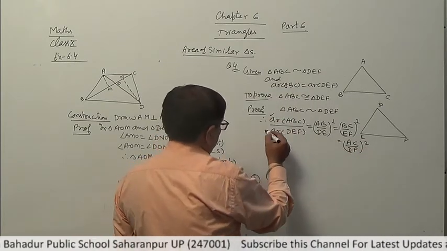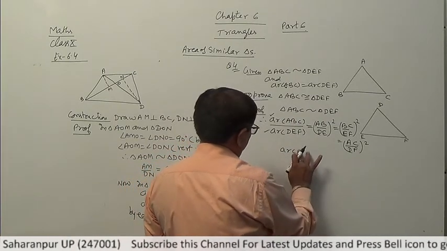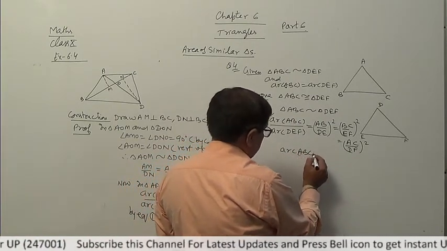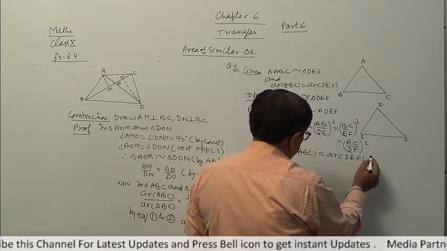These areas are equal. Area of triangle ABC is equal to area of triangle DEF, which is given.